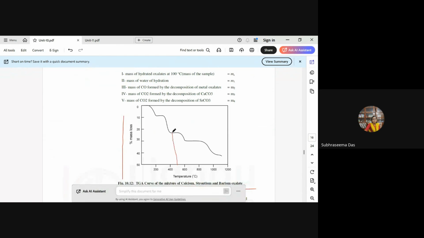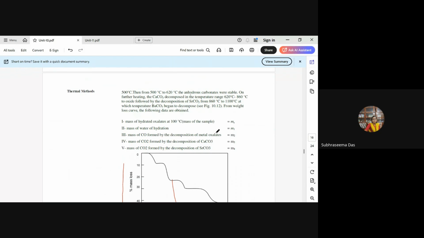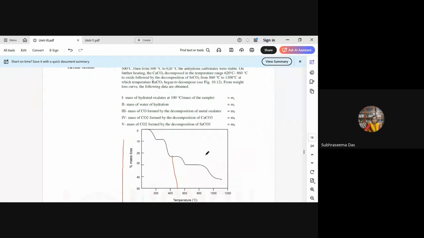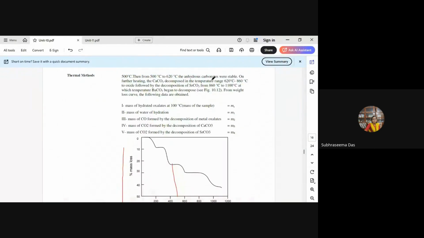From 500 to 620 degrees centigrade the anhydrous carbonates are stable in nature. If we heat them beyond 620 degrees centigrade, it follows to form their oxides by the decomposition of calcium carbonate, then strontium carbonate from 860 to 1100 degrees centigrade, and barium carbonate begins to decompose.